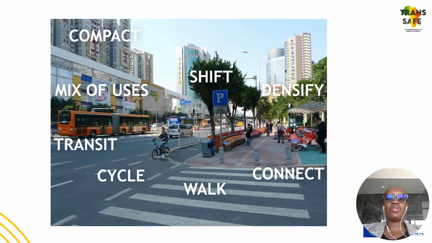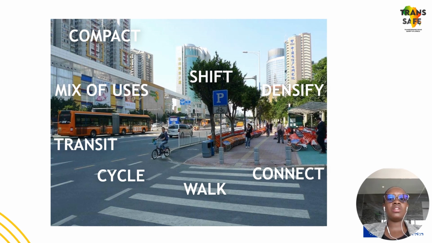When we have developments incorporating mixed use, it means that people can reside in the areas where they do their shopping, or in areas where they work. And then we also have transit, which is an important principle of TOD. We have cycling, we have walking, we have densifying, and we have connecting.